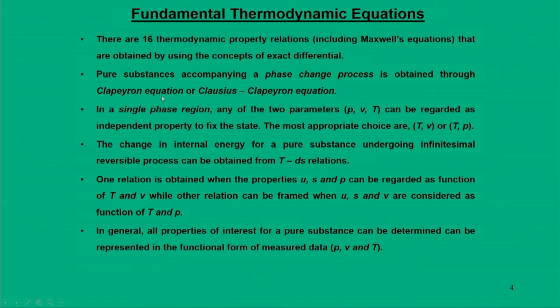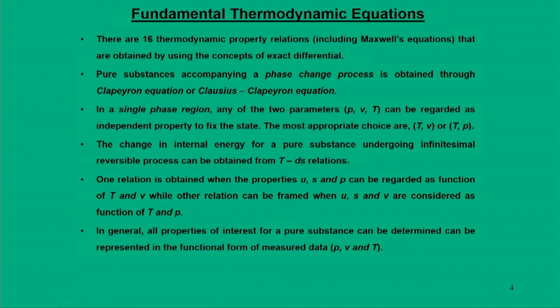There we derived the Clapeyron equation and the Clausius-Clapeyron equation. Now, when we apply these relations for single phase regions, we require at least 2 state coordinates out of pressure, volume and temperature, and the most appropriate choices among these 3 are either temperature and volume or temperature and pressure.